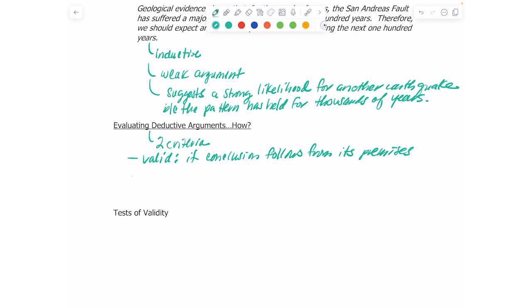Regardless of the truth, by the way, that's something different. And then a sound argument is one that's valid and if its premises are all true.